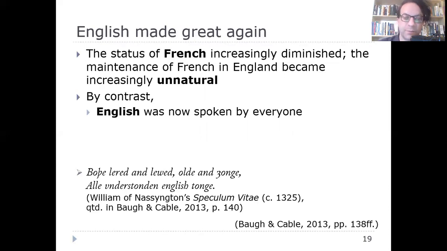William of Nassington, for example, writes about this in his Speculum Vitae, saying, "Both lærd and luwed, aldan jung, all understanden English tung." Yeah, sort of a little naive rhyme there. But what he's saying is, at the beginning of his work, it's all about the question, okay, why am I writing this in English now?